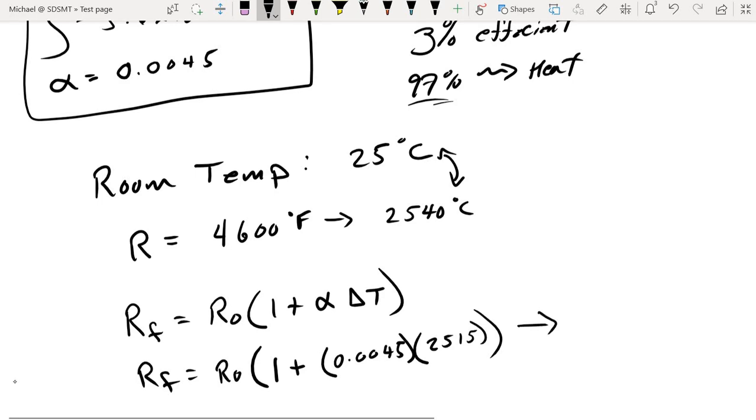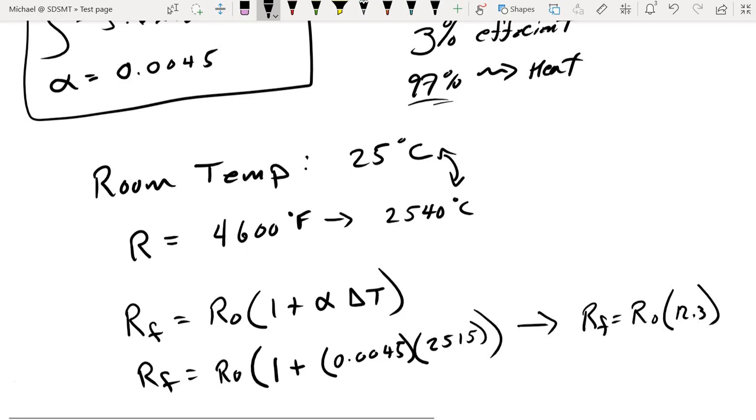So everything that's happening inside that parenthesis set says that when our tungsten filament comes up to temperature, the final resistance is going to be 12.3 times greater than what the initial room temperature resistance was.